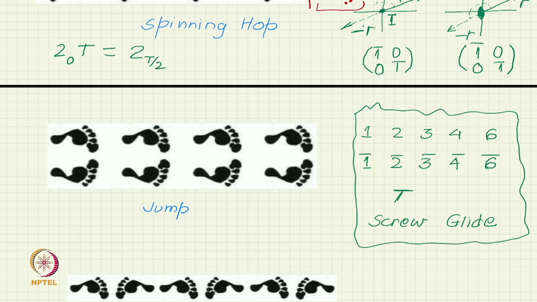Just like we gave a mathematical proof that for lattice translations, for periodicity, no rotations other than these are allowed, similarly you can give proof that no other symmetry operation can be present other than these.